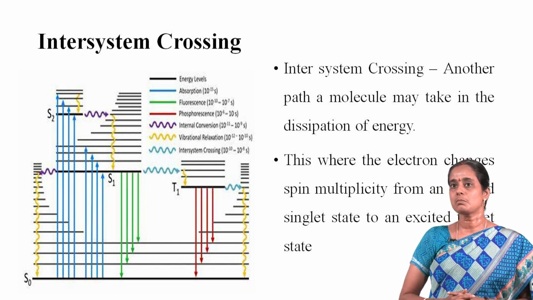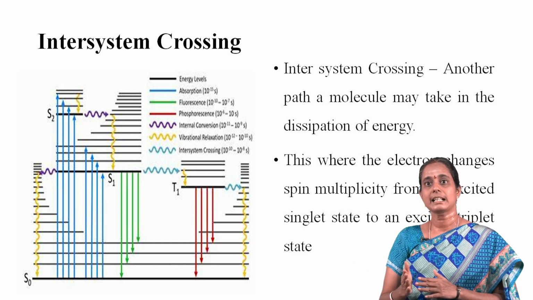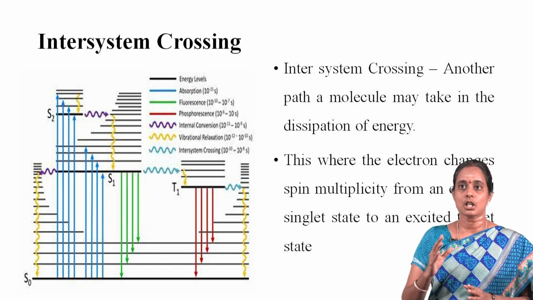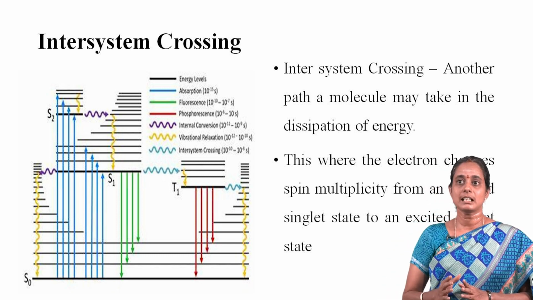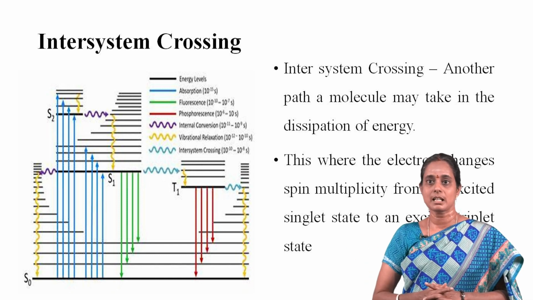Another non-radiative transition is intersystem crossing. In intersystem crossing, this is another path the molecule may take in the dispatch of energy, where the electron changes spin multiplicity from the excited singlet state to the excited triplet state, indicated by a horizontal curved arrow from one column to another column.